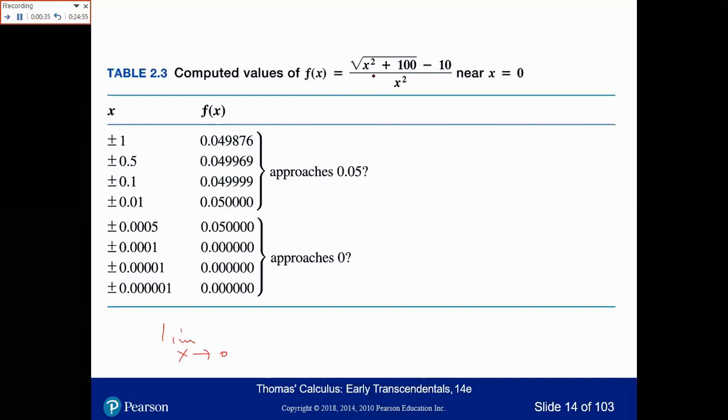So this is the square root. It will be a square root of what? Square root of 1 plus what? 100, right? Minus 10, right? This is the numerator, right? Denominator is 1, so don't worry about it, right? So 1 plus 100 is 101, right?